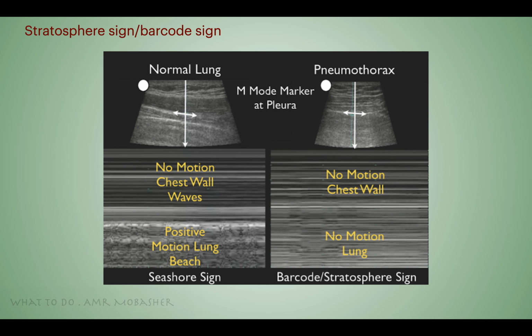Now let's move to the second sign, the M mode. Do you remember the previous part when we did the M mode through the normal lung? It was like the seashore sign. So that was the pleural line and the muscle layer forming the ocean, the lung forming the sand. If there is pneumothorax, there will be air collection between the parietal and the visceral layers of the pleura, pushing the lung away, so the whole field would be like this.